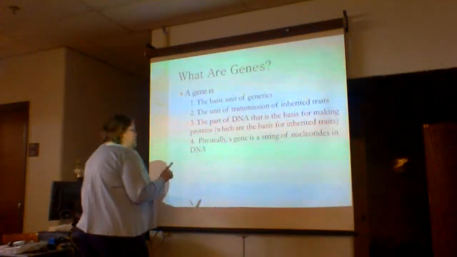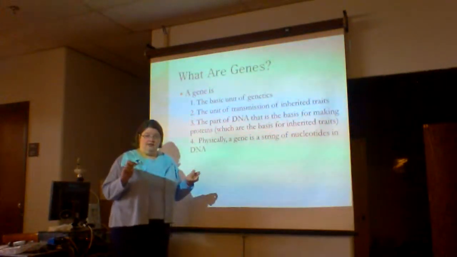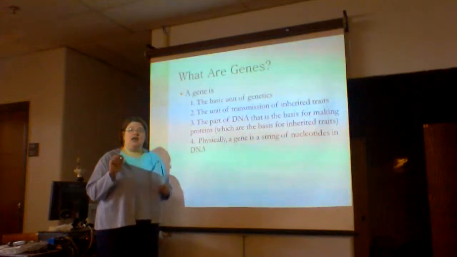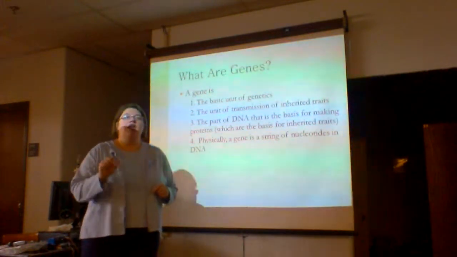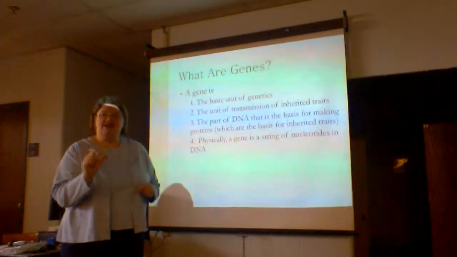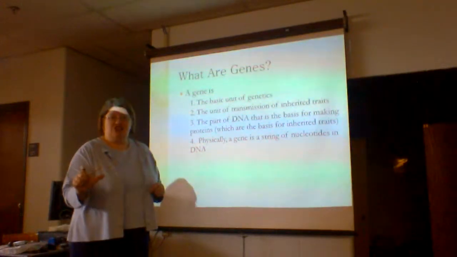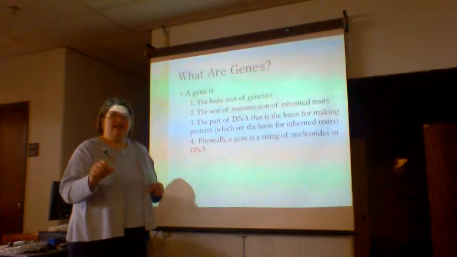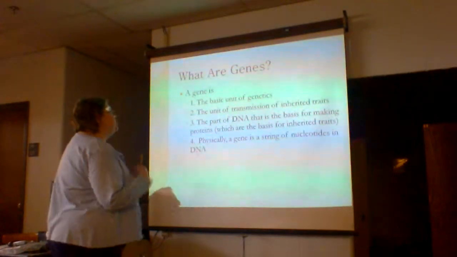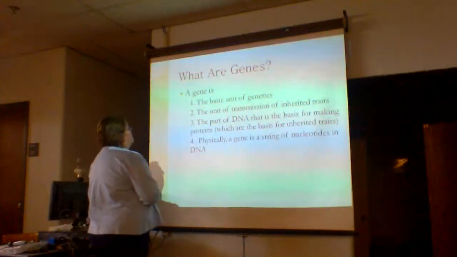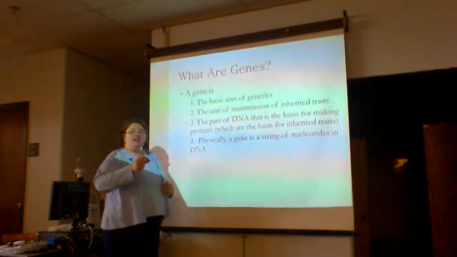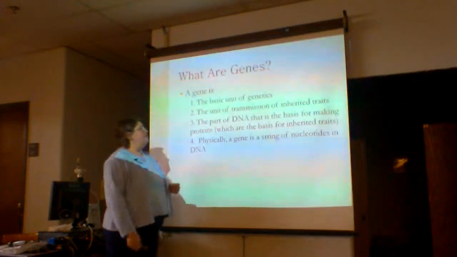Your book tries to define gene, and we can define gene a couple of different ways. A gene is basically a basic unit of inheritance. It's basically a DNA strand. It's basically nucleotide sequences. So there's a lot of ways that we can define genes. A gene is the basic unit that we study in genetics.